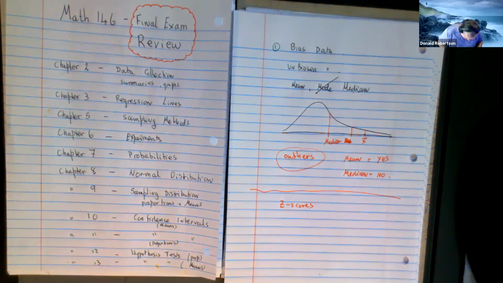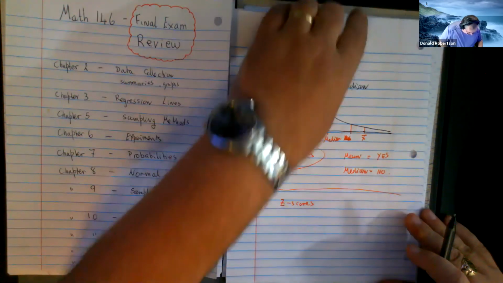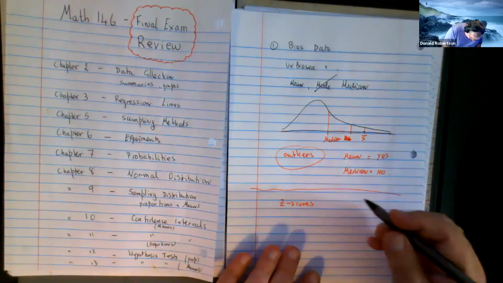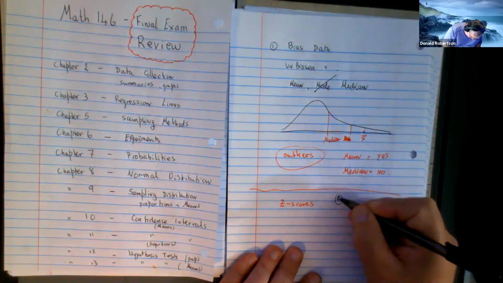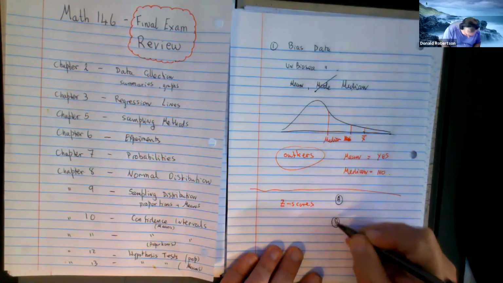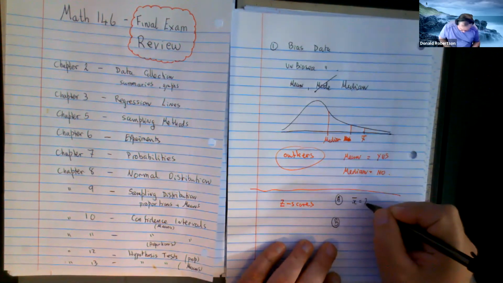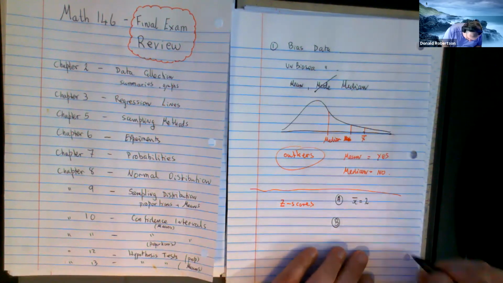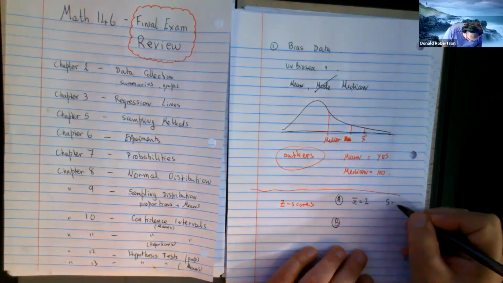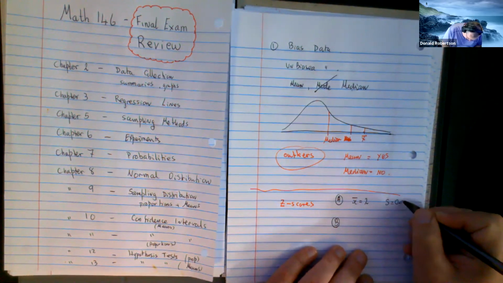Okay. Let's suppose that you looked at two different countries. We'll call them country A and country B. In country A, the average family size is two children in the family, and the standard deviation was 0.5.